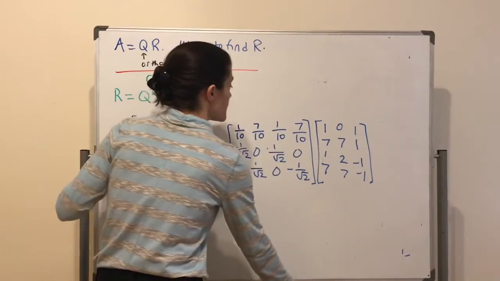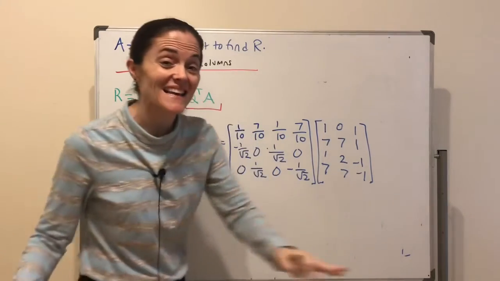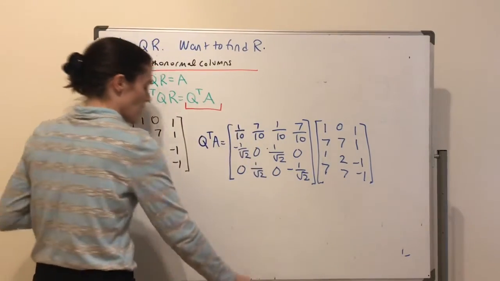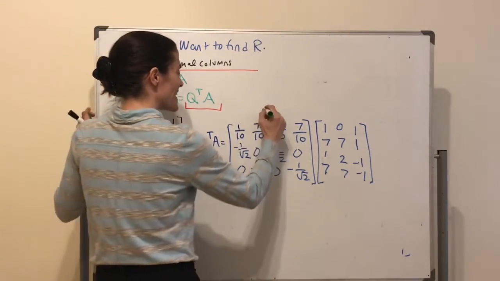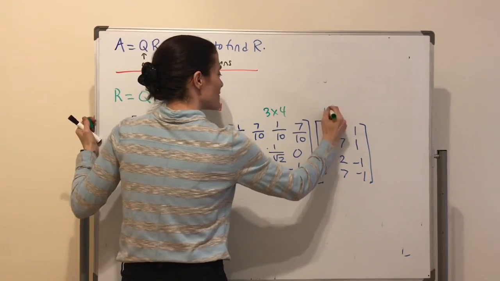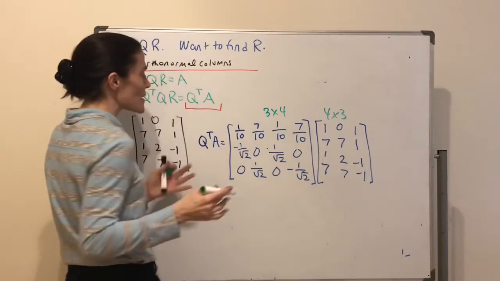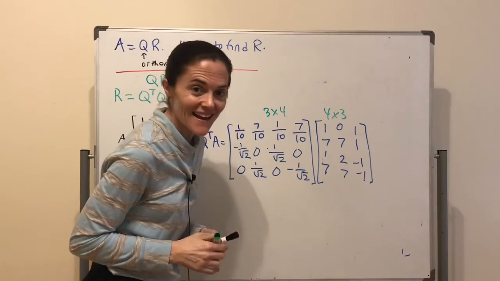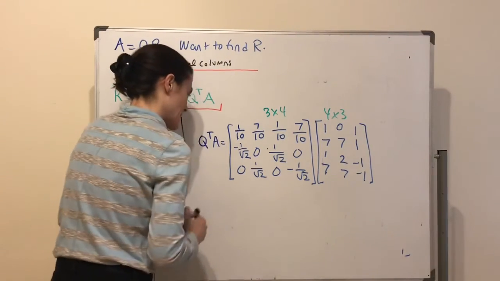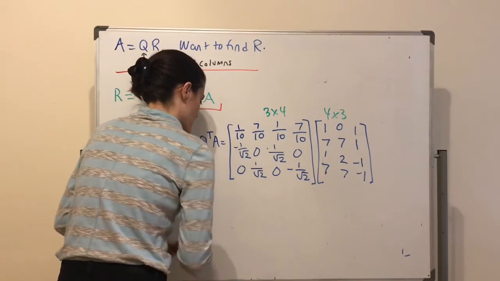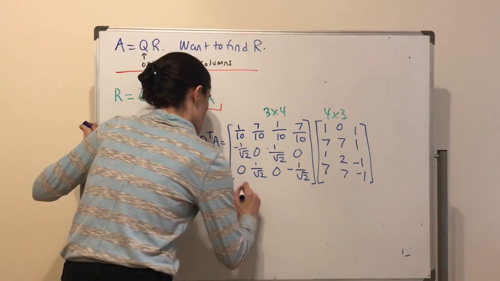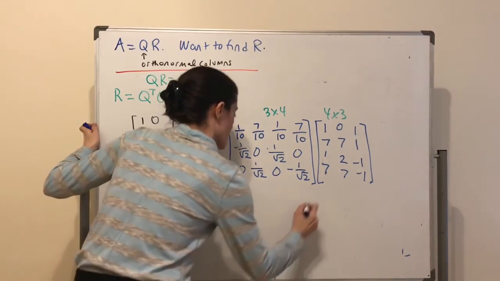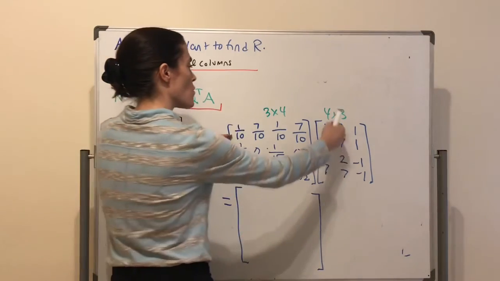And now let's just compute. Well, first of all, this matrix product is defined. Look, we have 3 by 4, we have 4 by 3, and we will get a 3 by 3, which is the appropriate size for R. Okay. So let's take row dot column.